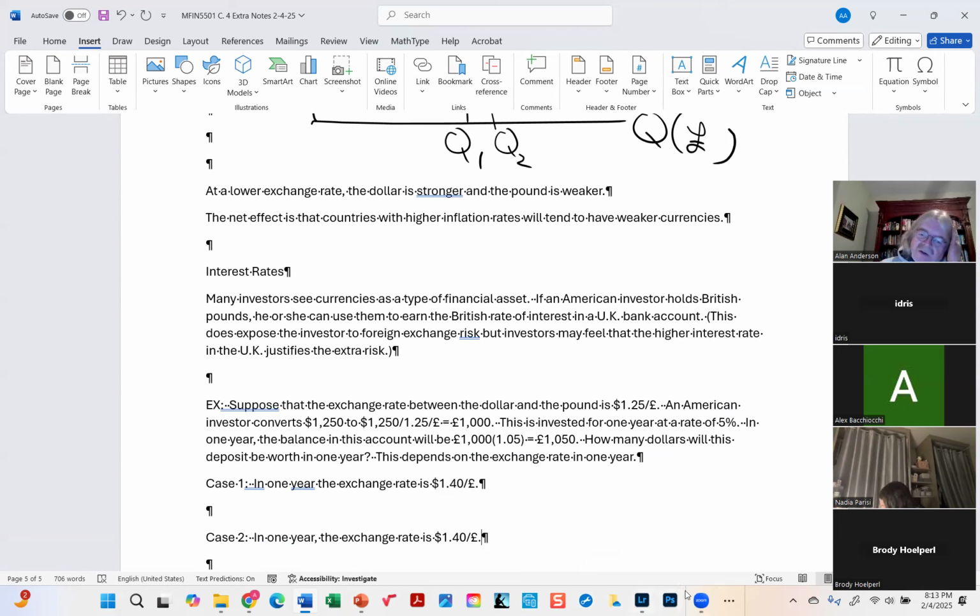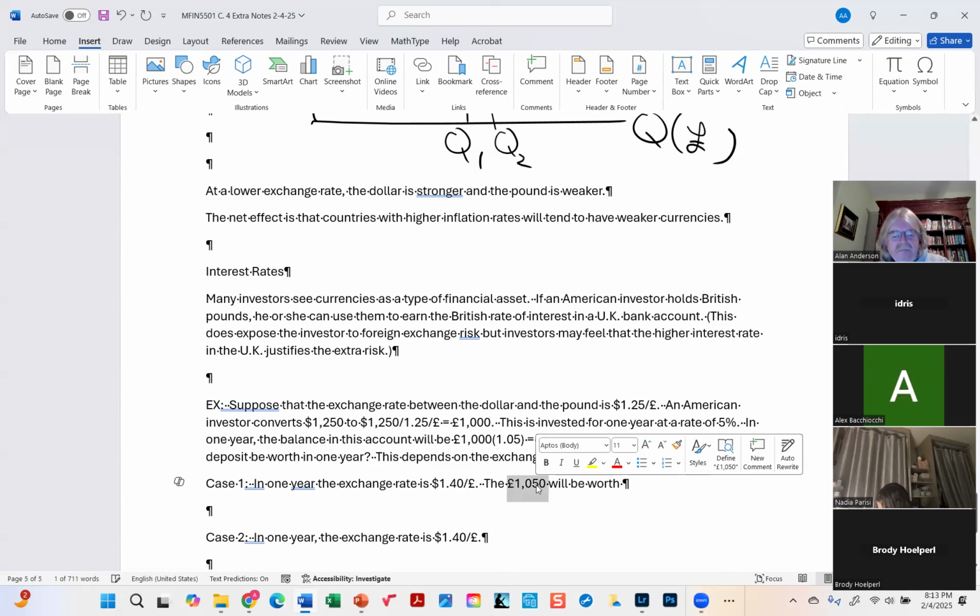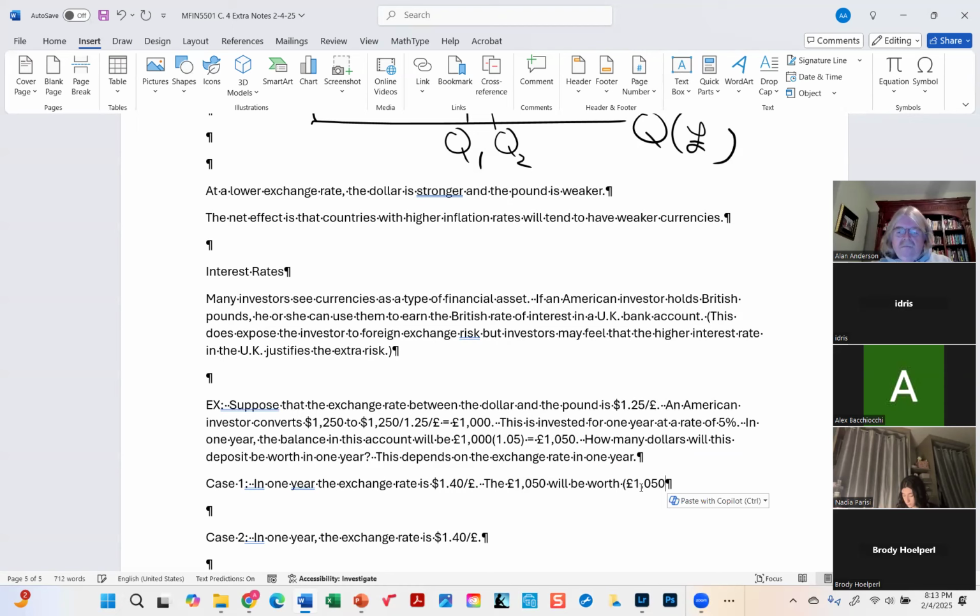So how do we figure out how many dollars we have here? Well, what we're going to do is take the number of pounds and multiply. So in other words, to go back from pounds to dollars, we're going to multiply. And let's see what that turns into. All right, I need my calculator for this.